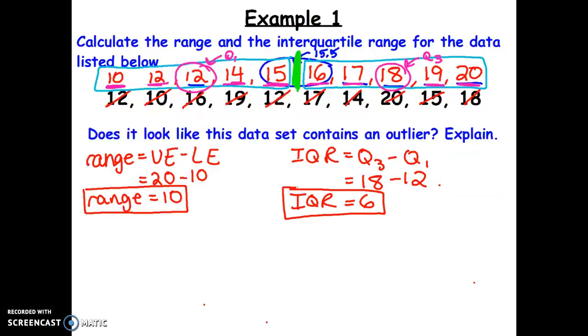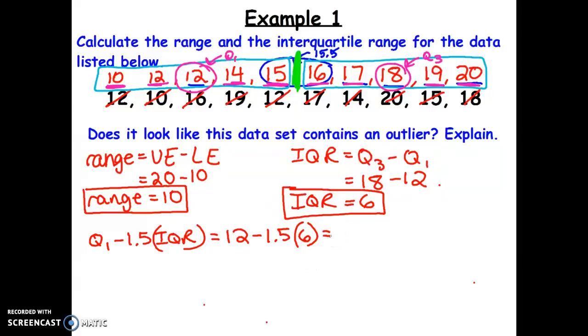Okay, now lastly, we have to see, does it look like this data set contains an outlier? Explain. So we know to find an outlier, we're going to take our Q1 and we're going to subtract 1.5 times the IQR. So our Q1 is 12 minus 1.5 times our IQR, which is 6.